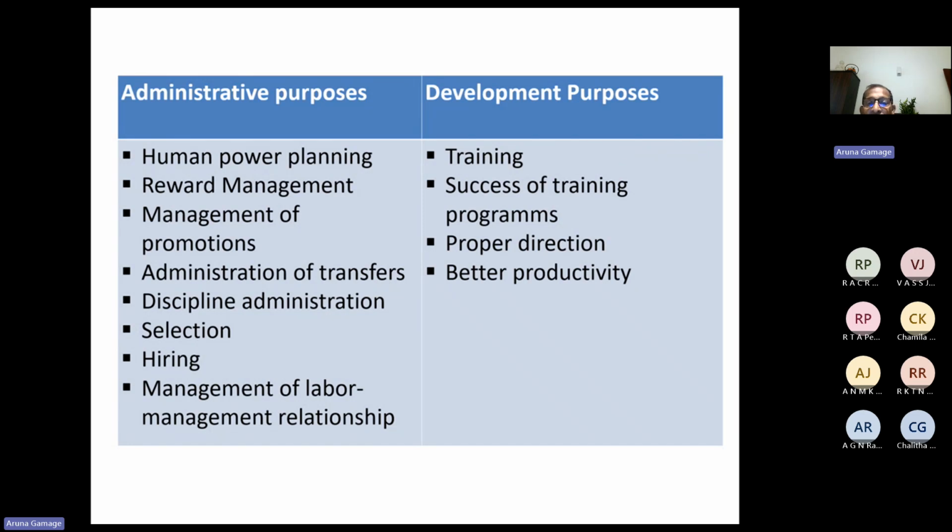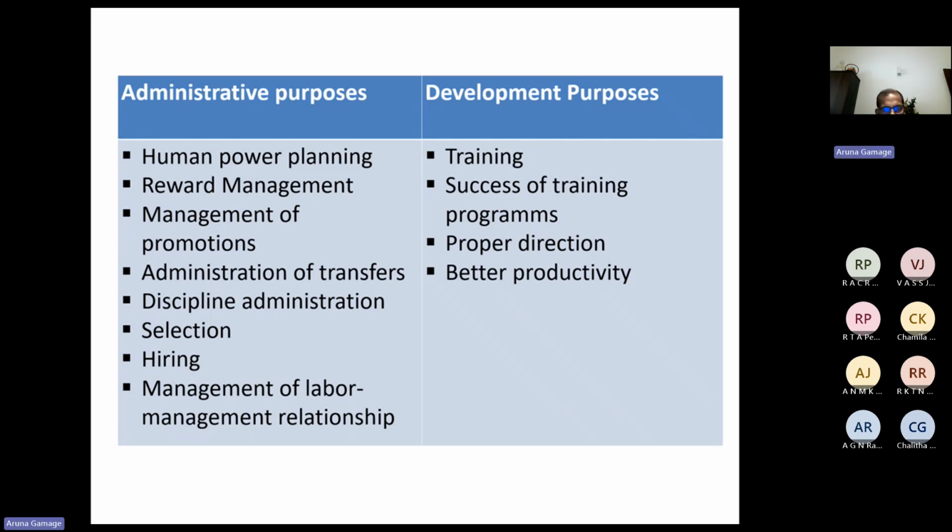For example, training. Can anybody relate training with performance evaluation? There are many development purposes of performance evaluation. We are talking about purpose, so you can understand how important performance evaluation is. There are several development purposes. Training.